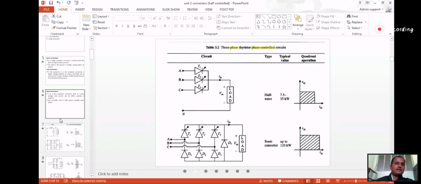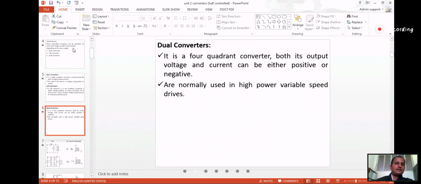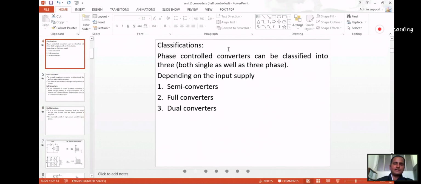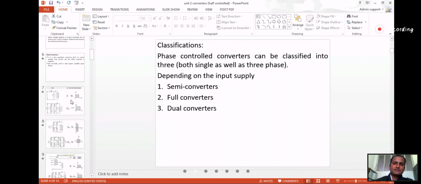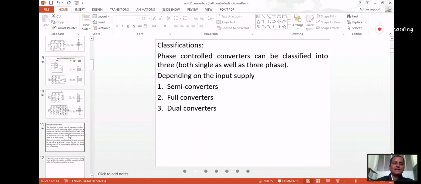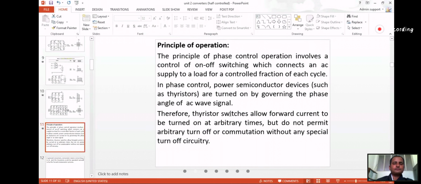Now we'll see how they operate. The principle of phase control operation is that it's a switch only. If you have understood the uncontrolled converter, then you'll understand this also. And if you know the operation of the SCR, how the SCR works, then it's quite simple.